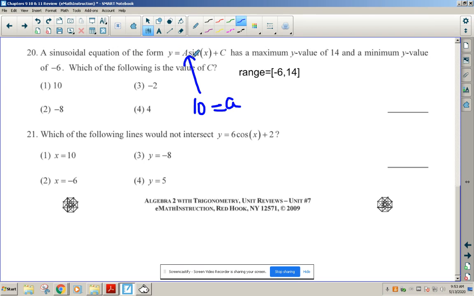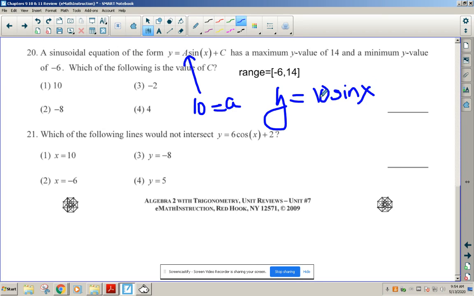Now, from 10, wait a second, I think I went a little too fast in my brain. I went up 4, it gives me 20, yeah. So that gives me an amplitude of 10, I'm sorry. So if I were writing this equation out, I have y equals 10 sine of x.